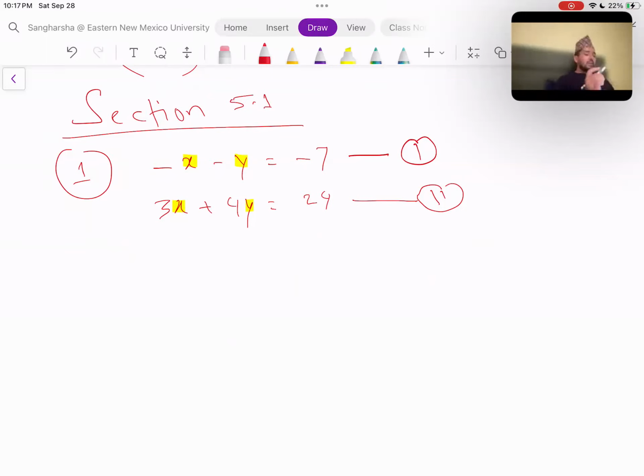Now if you add these 2 equations, do you think that you will be able to eliminate one variable? It does not matter what variable you eliminate. You can eliminate x, you can eliminate y.